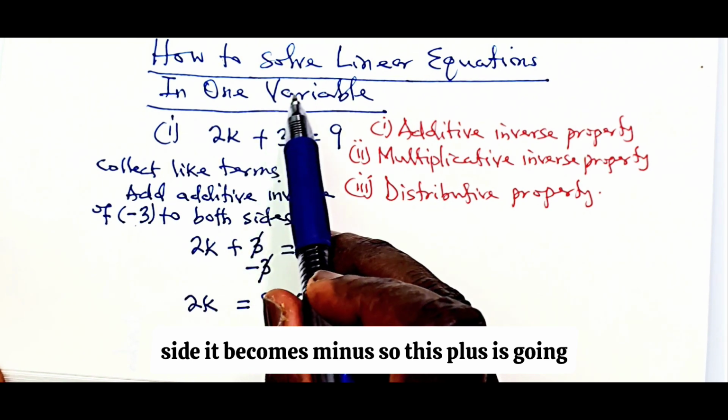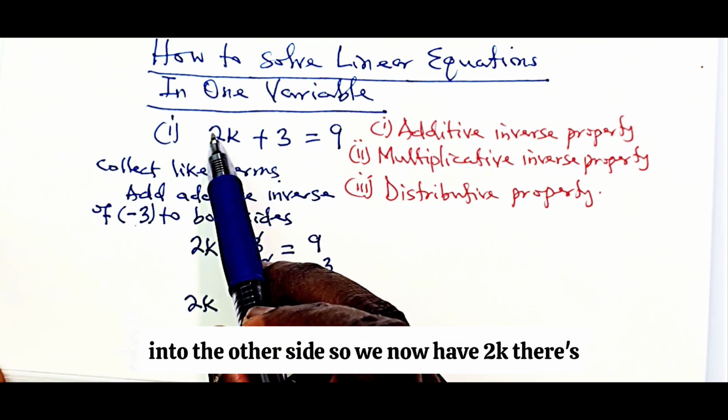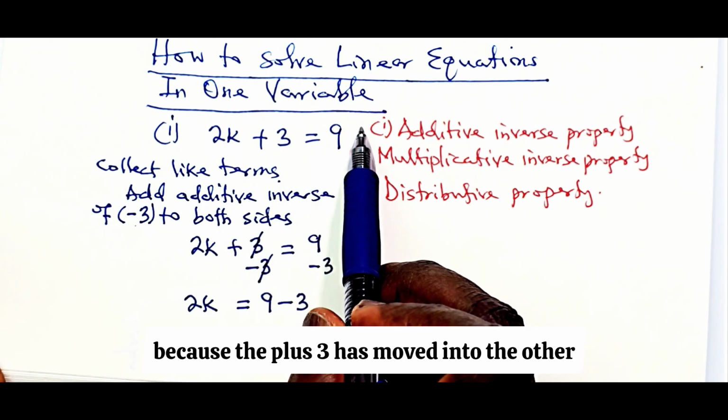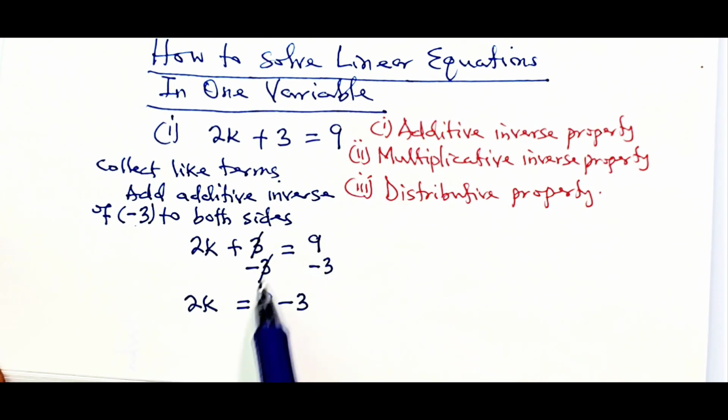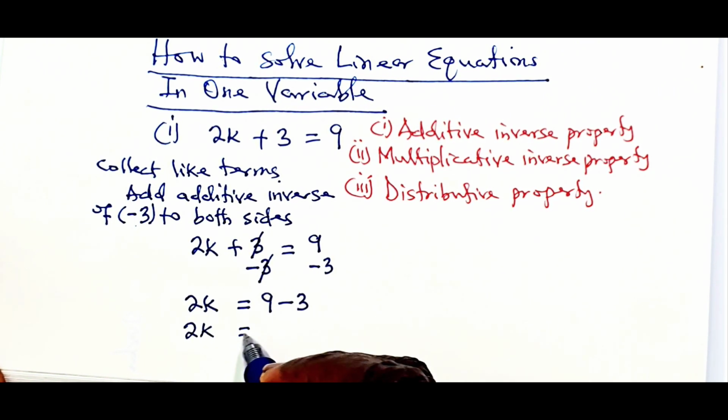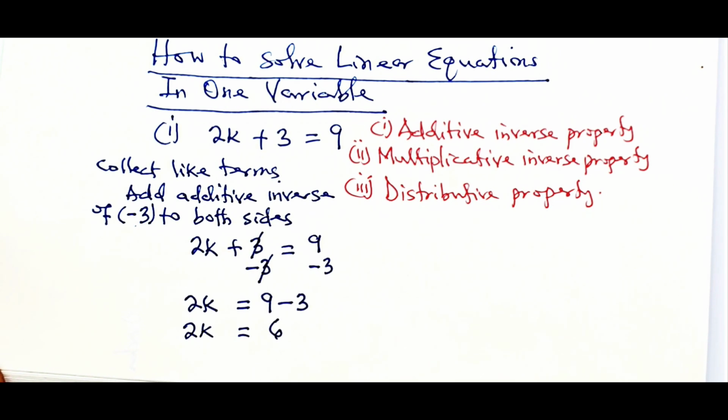So we now have 2k. There's nothing here again because the plus 3 has moved to the other side to become minus 3. And that's what we have here: 2k equals 9 minus 3. So we continue. We have 2k now equal to 6, because 9 minus 3 is 6.